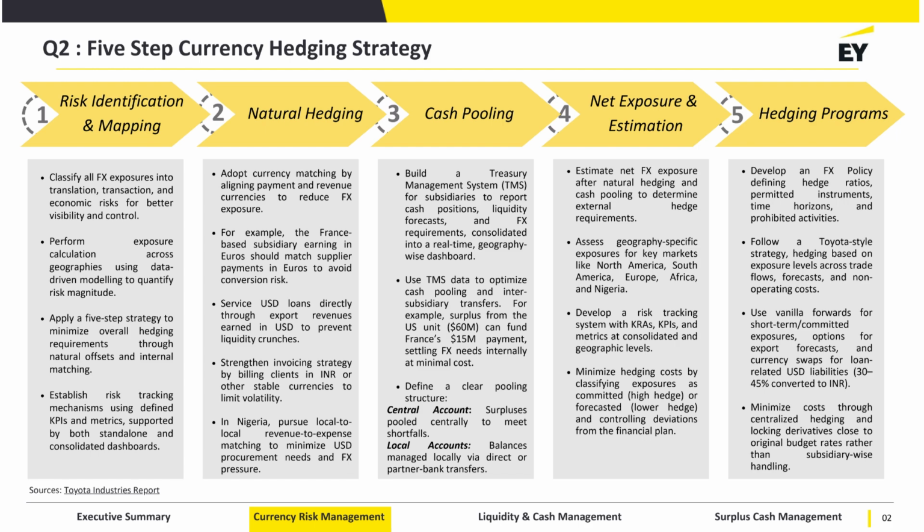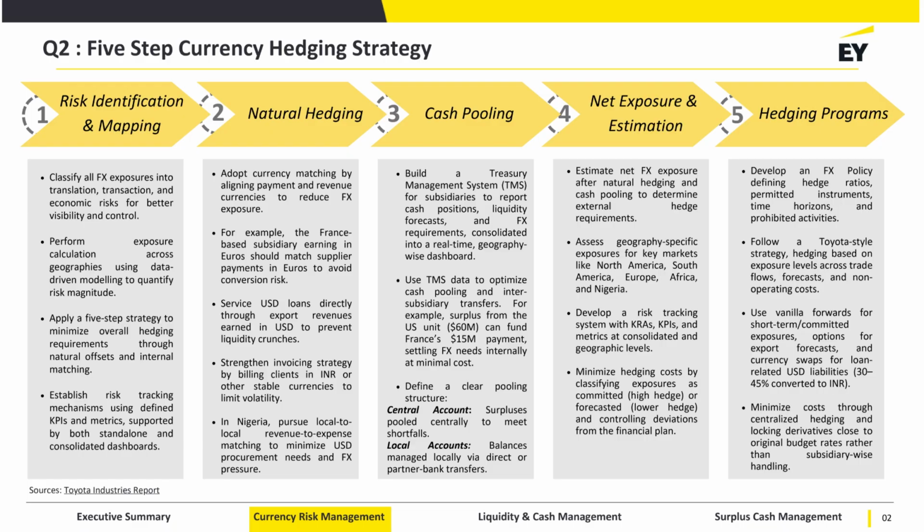Next comes the step of net exposure estimation. This is where all your foreign exchange exposure that is remaining after internal settlement is estimated and calculated in order to determine that share of exposure which has to be covered by external instruments such as forwards, swaps, and options.